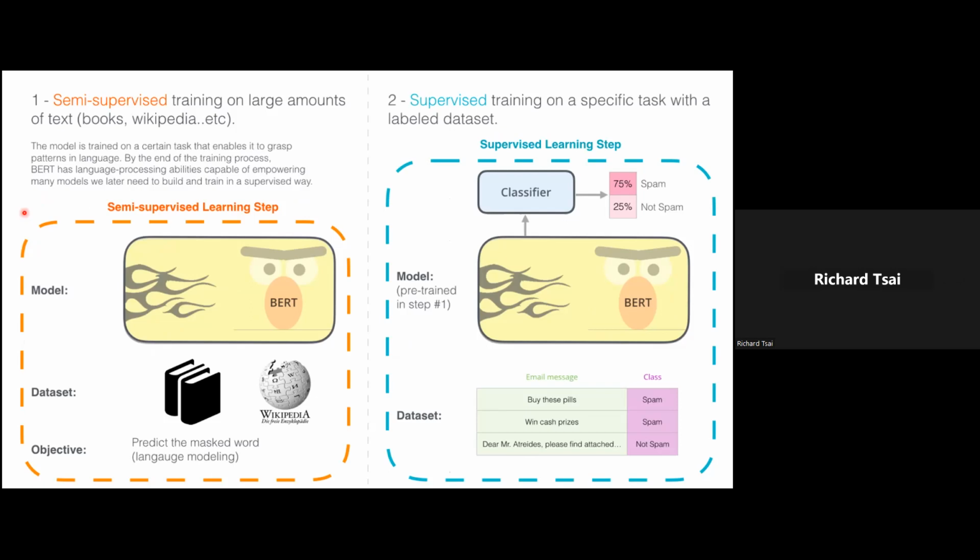Then the BERT model has already understood the language. Then we use it to encode the input and generate a representation and send it to the downstream task output for classification or other natural language processing tasks.